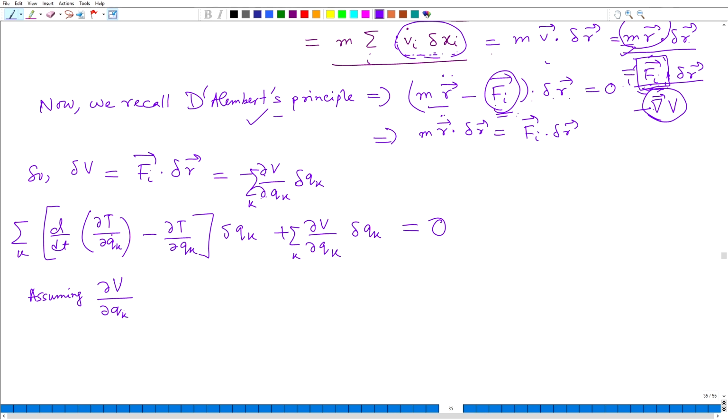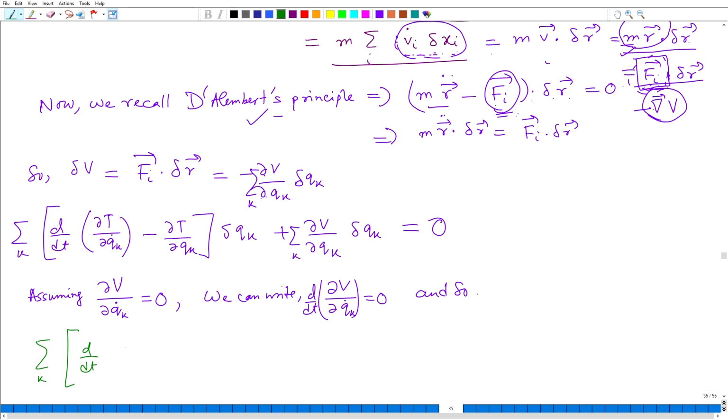Del V del q k dot is equal to 0, we can write, okay, del V del q k dot is equal to 0, and that is why you can say d dt of the whole thing is 0, and so, I take the green color, you have summation k d dt of del T del q k dot minus del T del q k delta q k, okay, plus summation k, okay.